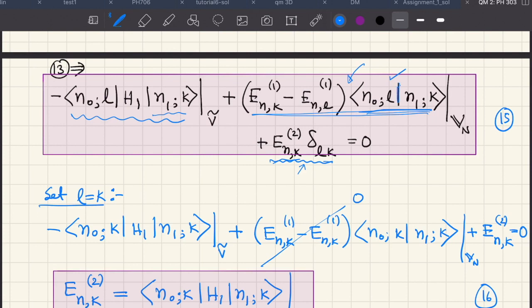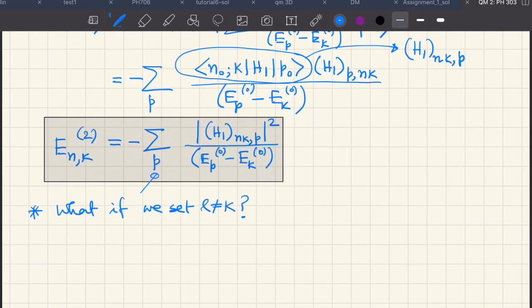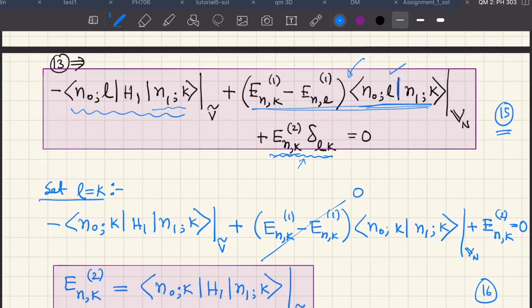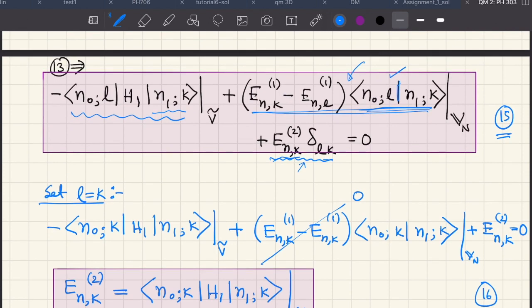So again, you take this 15th equation and put L not equal to K, and let us see what happens. We will have n naught L and n1 K, these are along Vn. This is the second term, this term here.